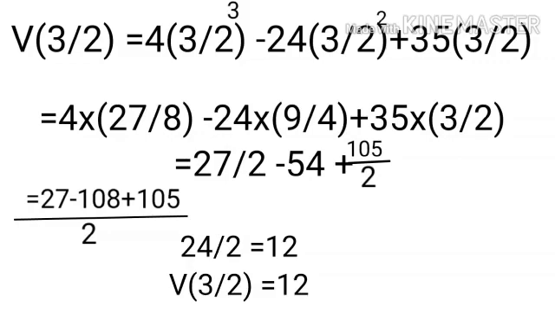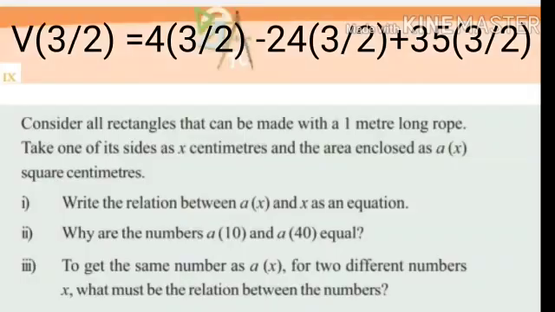So, 4 into 27 by 8 minus 24 into 9 by 4 plus 35 into 3 by 2. That is equal to 27 by 2 minus 54 plus 105 by 2. Hence, (27 minus 108 plus 105) by 2, which is equal to 24 by 2, equal to 12. Therefore, V of 3 by 2 is equal to 12.